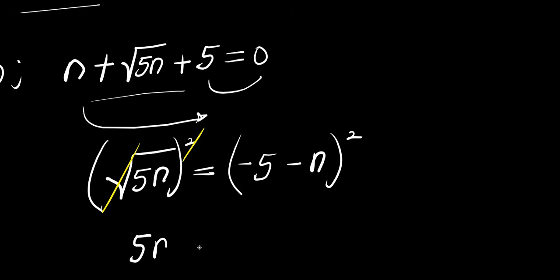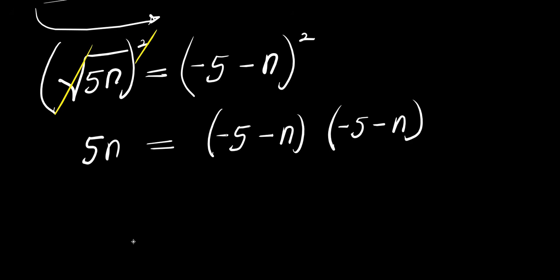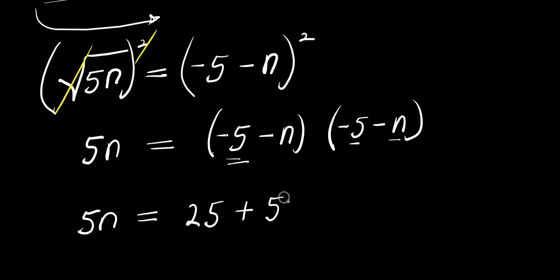So I have 5n equals negative 5 minus n times negative 5 minus n. So right now I have 5n equals negative 5 times negative 5, that is 25, negative 5 times negative n, plus 5n, this times negative 5, plus 5n, this time it is plus n squared.